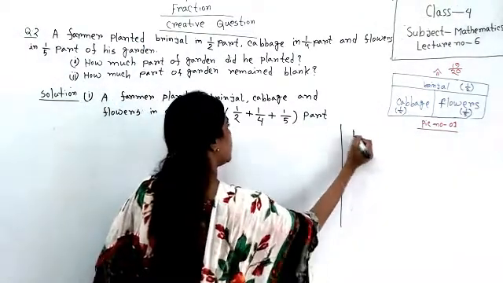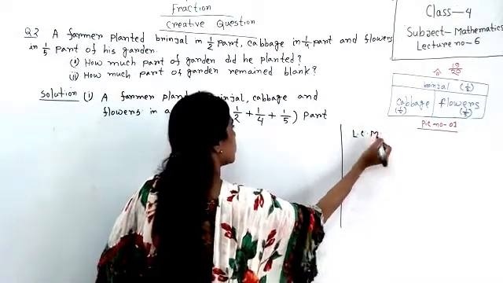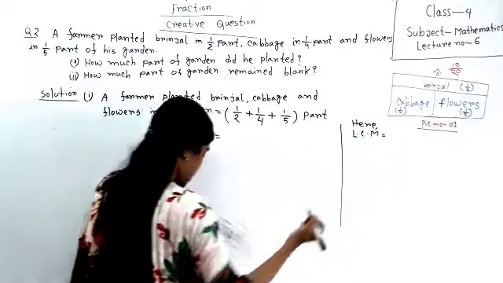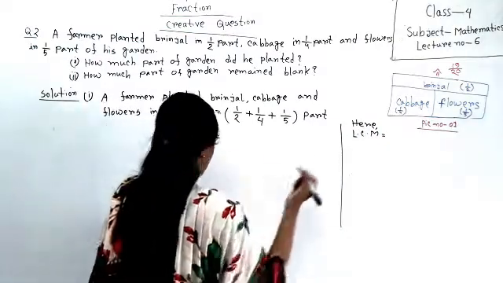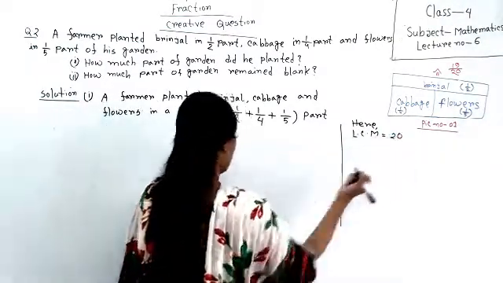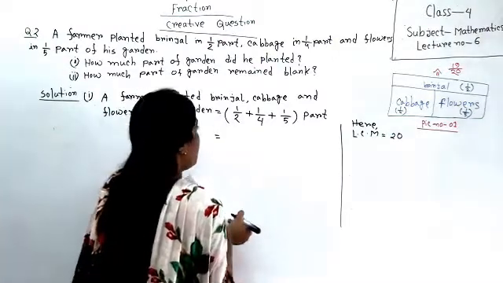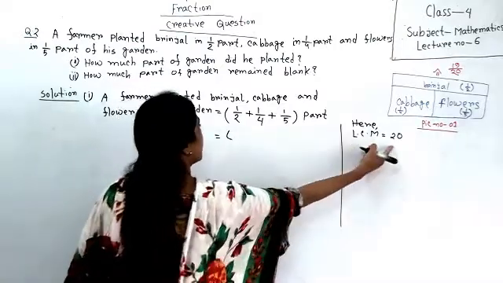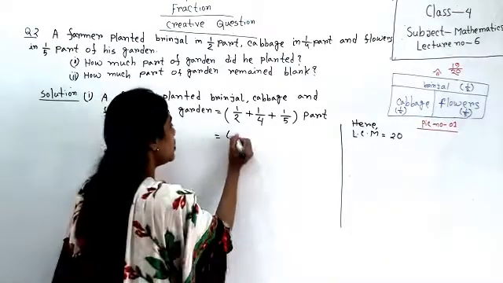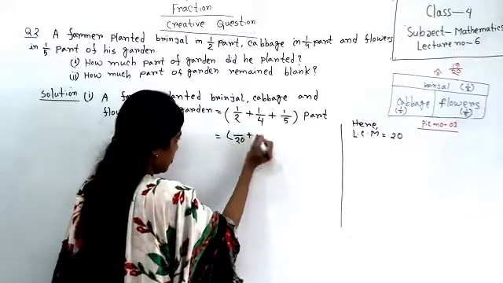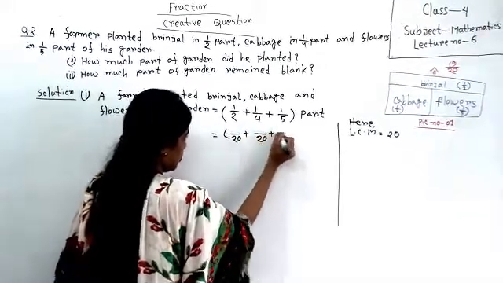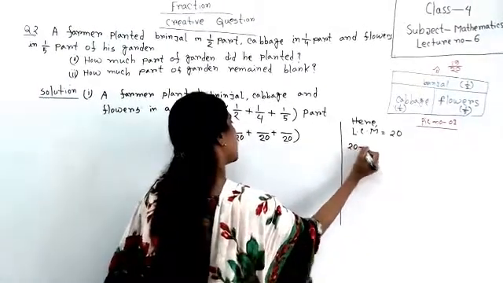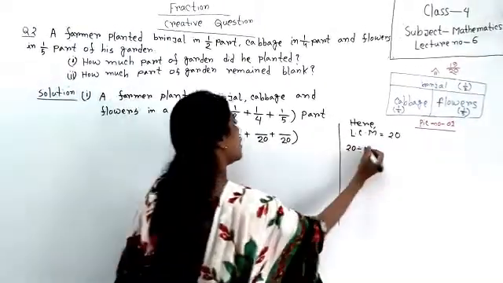In here LCM is 20. For 3 fractions, this LCM 20 is written as denominator. This LCM is divided by the first fraction denominator.